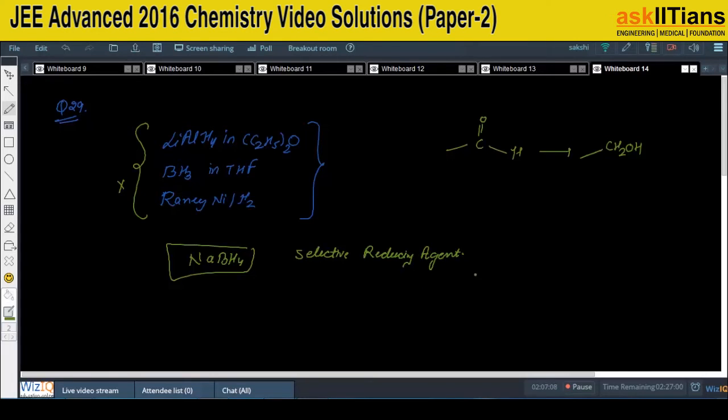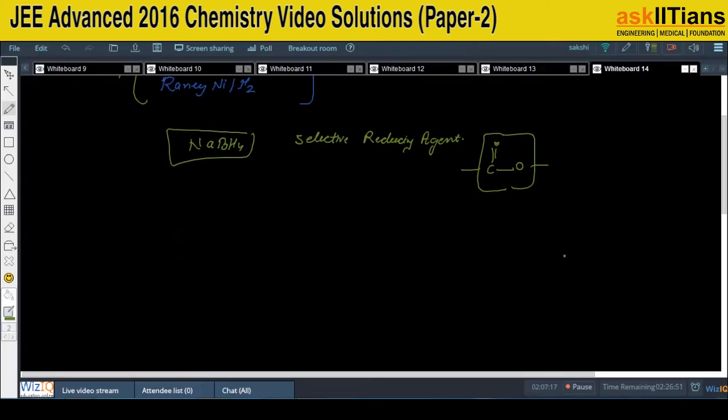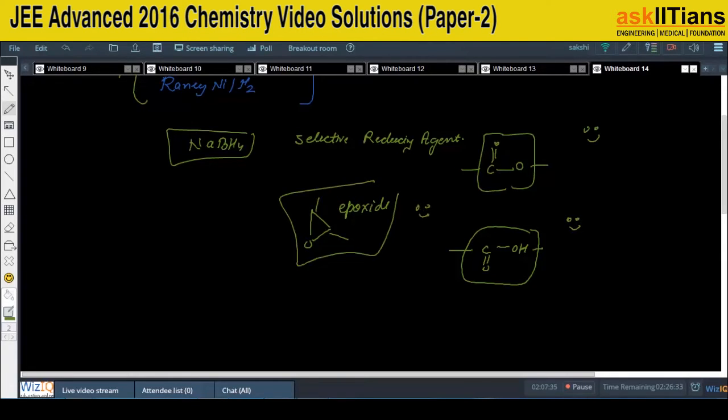Now this cannot reduce the ester C double bond O, so this ester group will remain as such and will not be dissociated by this. Moreover, the carboxylic acid group COOH won't even be affected, so again we are on the safer side. If I talk about the epoxide bond, this epoxide bond will also not be cleaved, and hence we are on the safer side at this position also.